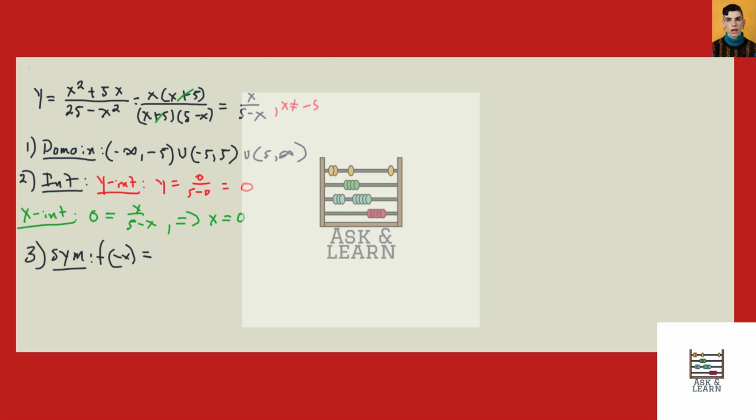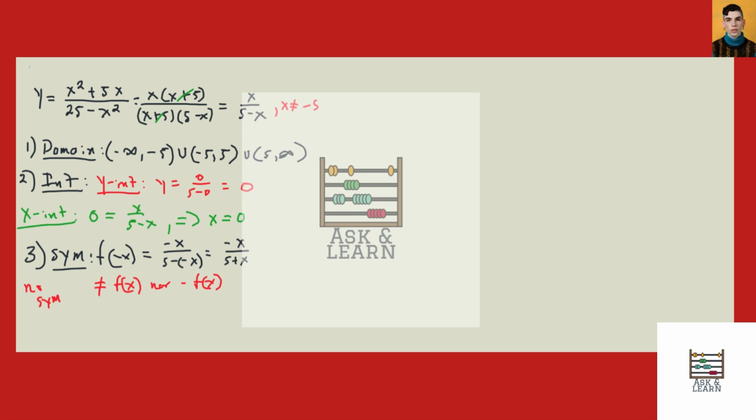And doing that, we would get negative x over (5 minus negative x), which is going to be negative x over (5 plus x). And you might notice that this here does not equal f of x, nor negative f of x. So that tells us we are not symmetric about the y-axis or the origin.